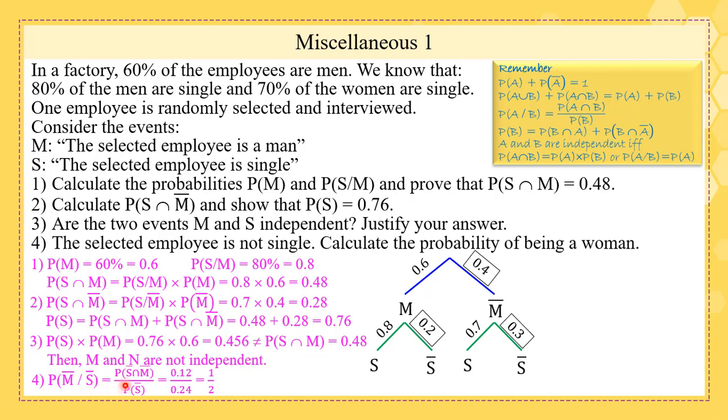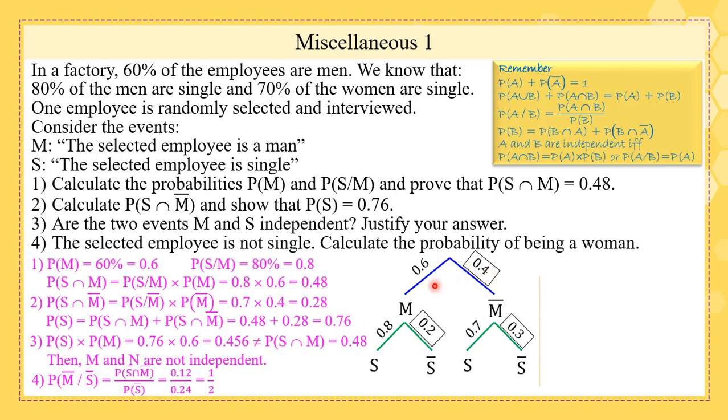We apply the property, and for S bar intersection M bar, we didn't calculate it before, but it is calculated directly from the tree. This is M bar, which is 0.4, and this is S bar. And the probability would be half. Well, notice here that when I put a frame around a number, like this number, for example, this means that this number is not given, but I deduced it from the tree.